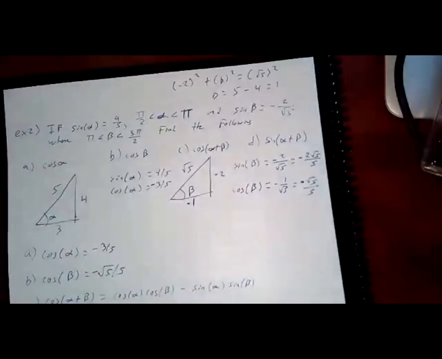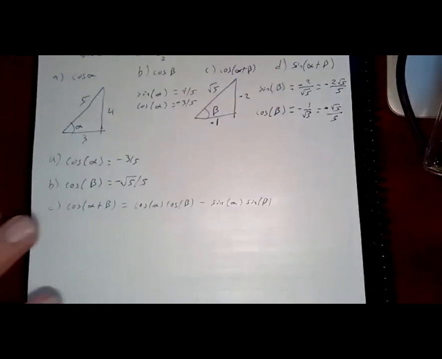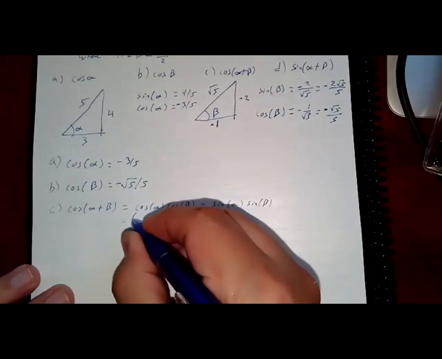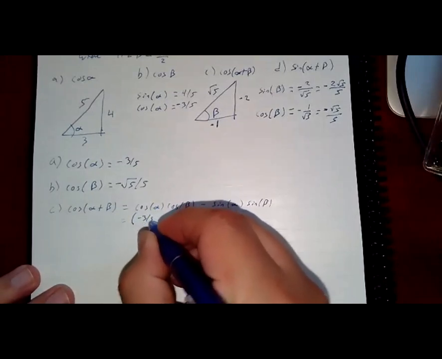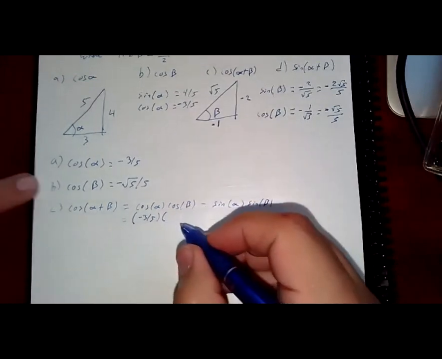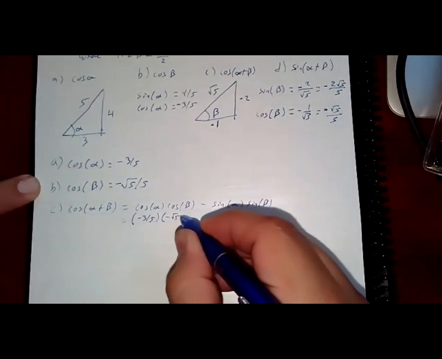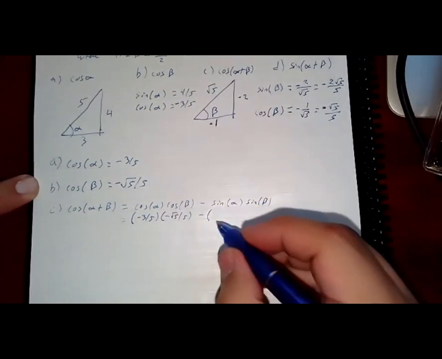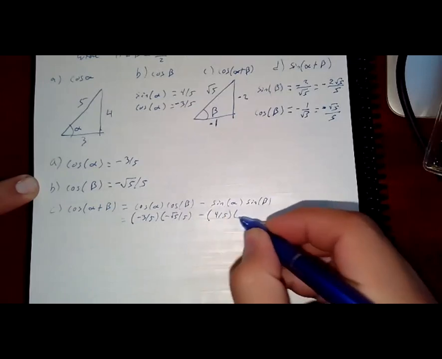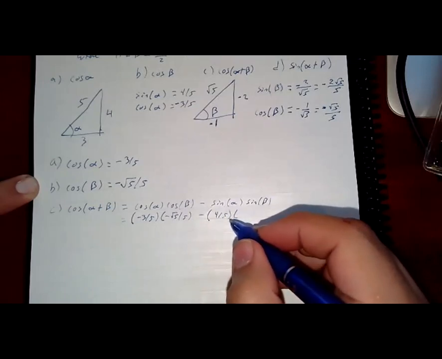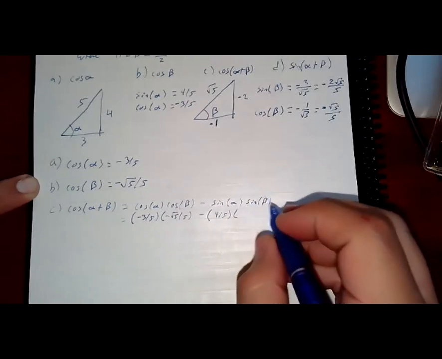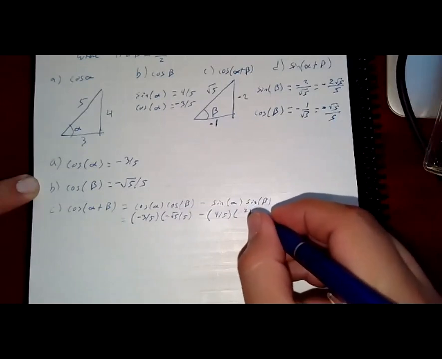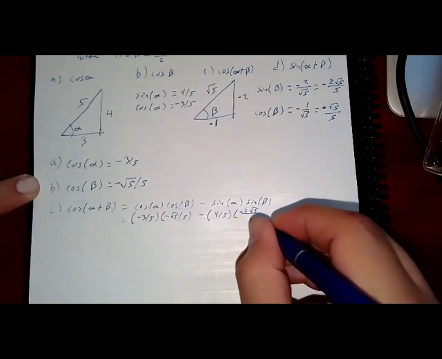Plus is minus. All right, so just plug everything in and we're good. So this will be cosine alpha, so -3 over 5 times cosine beta, negative root 5 over 5, minus sine alpha, which is 4/5, times sine beta, which is -2 root 5 over 5.